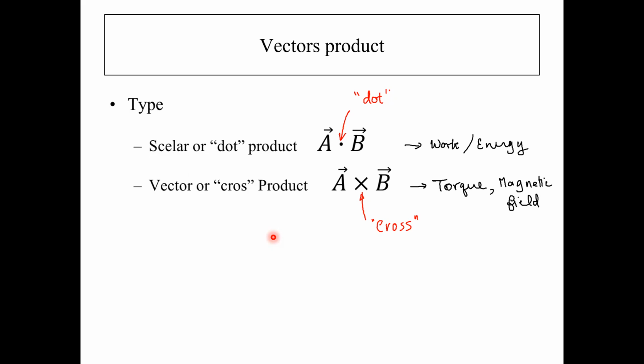We call the scalar product the dot product. So A dot B is called the scalar product, and A cross B is called the vector product. Now we'll start with the first one.